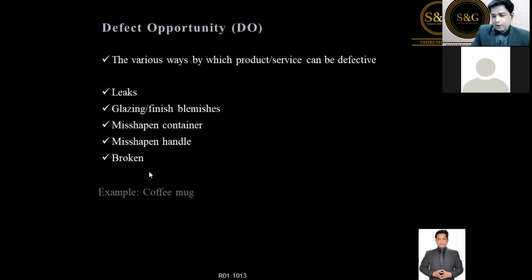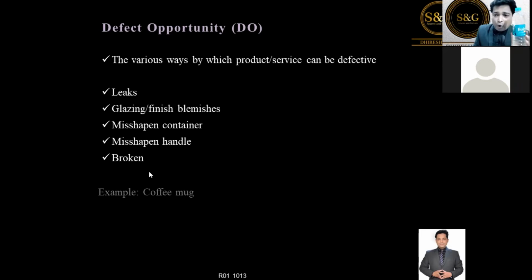Now, if you remember, when we understood the definition of Six Sigma, Six Sigma is 3.4 defects per million defect opportunities. Understand this. Let's say my product has 10 defect opportunities. So every product, when I produce one, has 10 defect opportunities associated. Every bottle will have 10 defect opportunities.